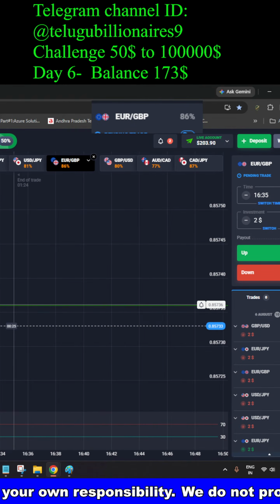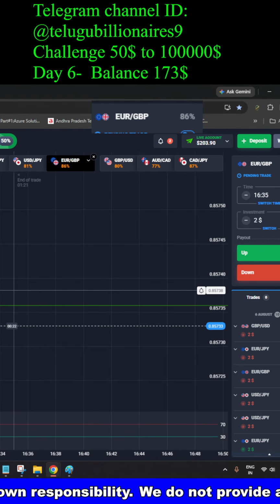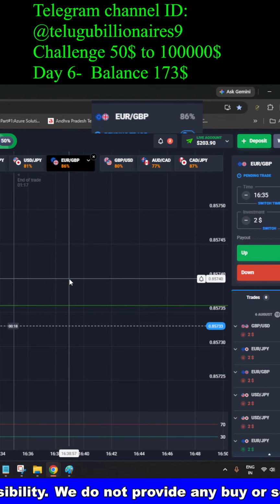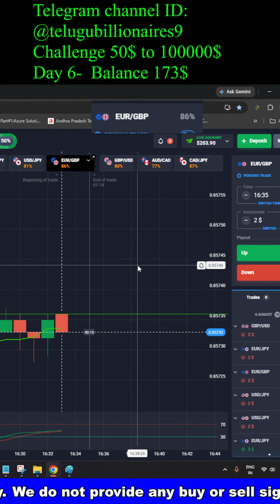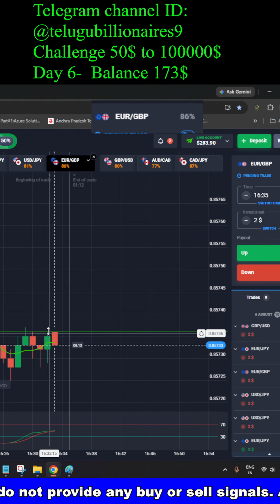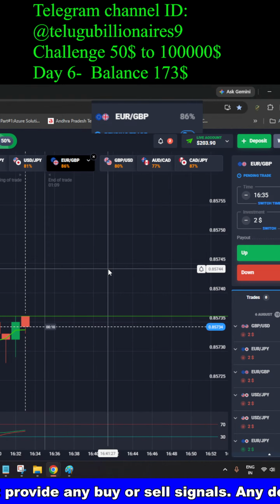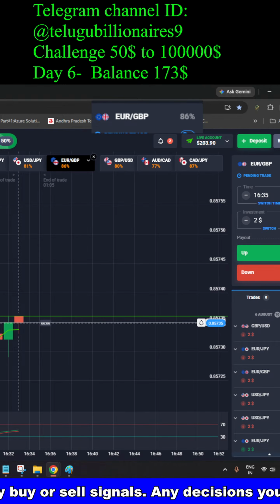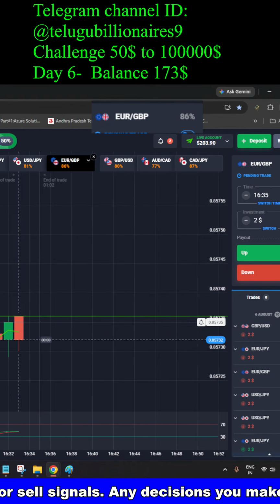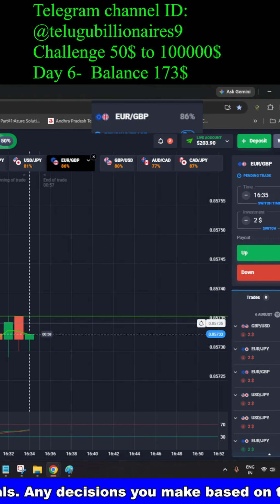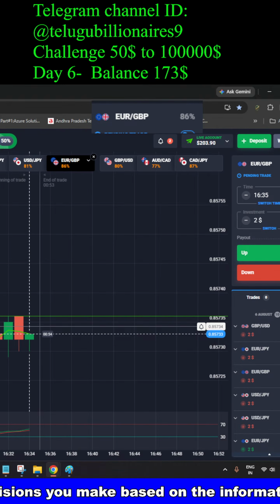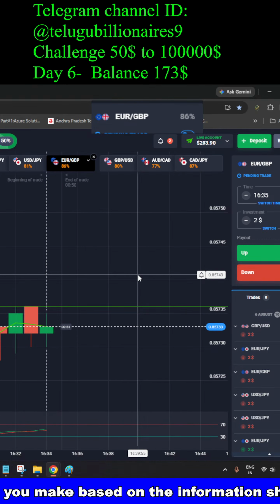Our setup is that it has to break and close above this green candle. The next candle is our marginal entry. If it does not break and close, then no worry. So here it breaks, but it is not closed above. Closing at the same level is not considerable. The candle needs to close above this high, then only we'll consider it valid. The next candle we go for the marginal entry.